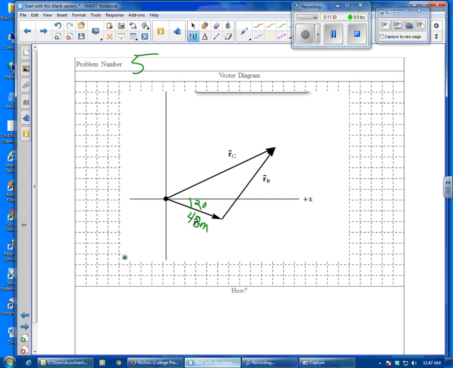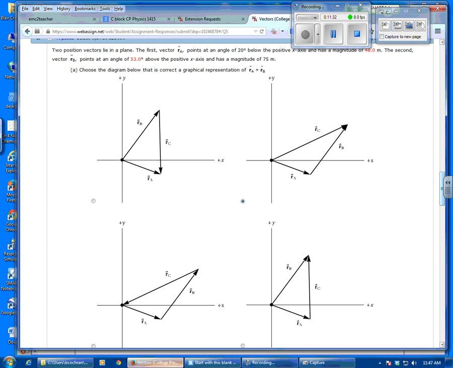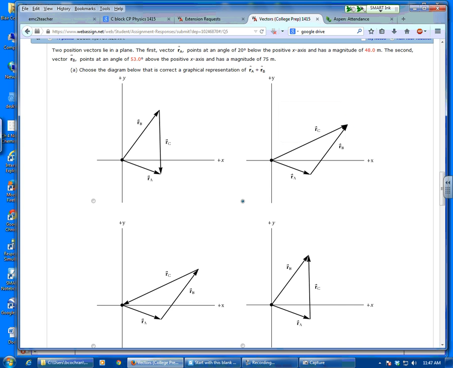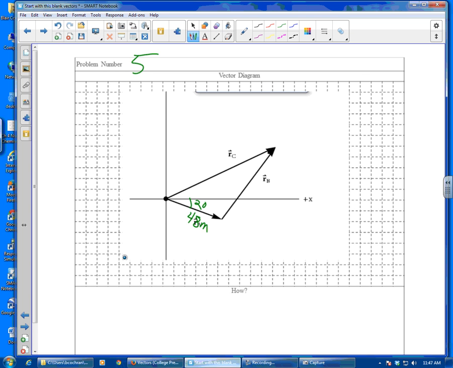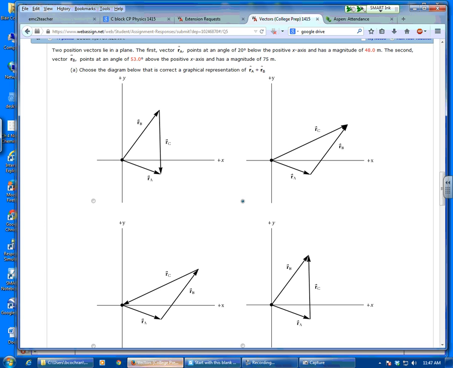Then, see what else they tell me. They tell me that RB is 53 degrees above the x-axis. So if I do a little dotted line here like this, this would be 53 degrees. And they tell me the length is 75 meters.